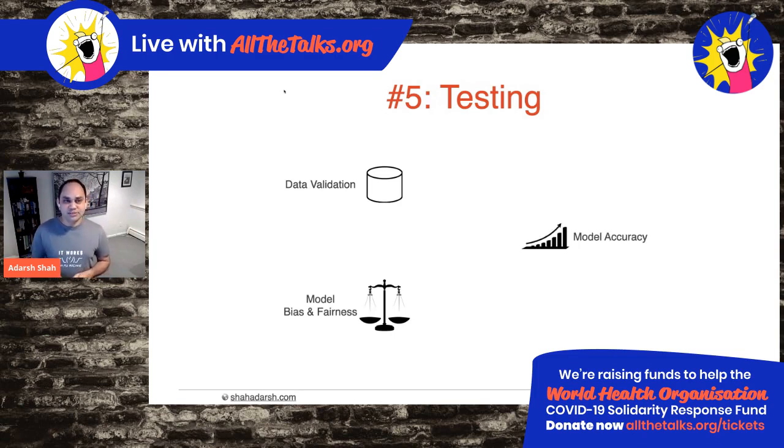And then model accuracy. Validate whether your model is accurate, not just during or after the training process, but also when you're serving the model. If anything changes, you go back and retrain the model and improve the accuracy.